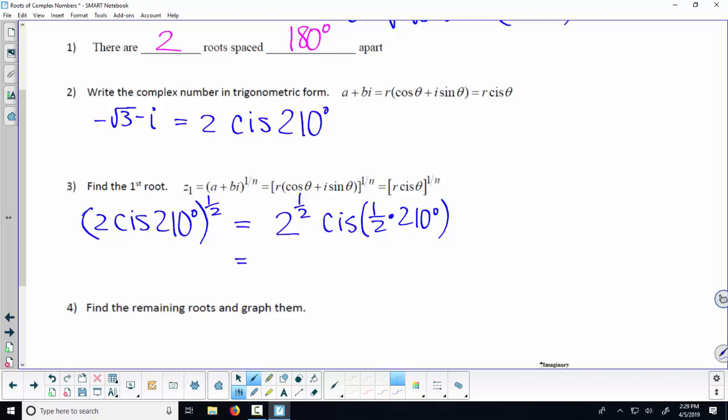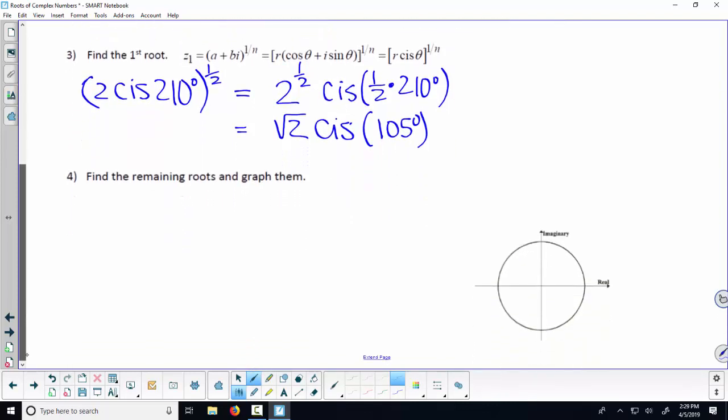Multiplying by 1/2 is dividing by 2. So this becomes the square root of 2, which we'll use the exact value, CIS 110 degrees. Whoops, how about 105 degrees? Close. 105. All right, so that is my first root.